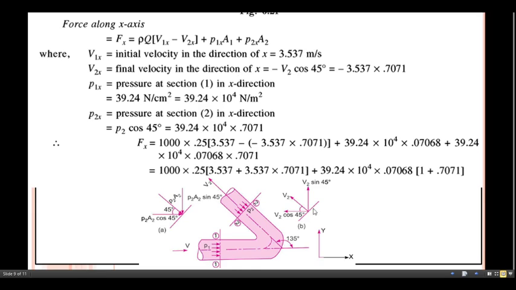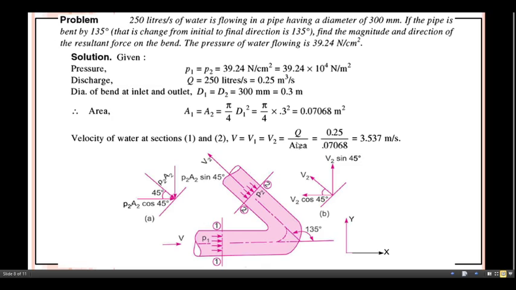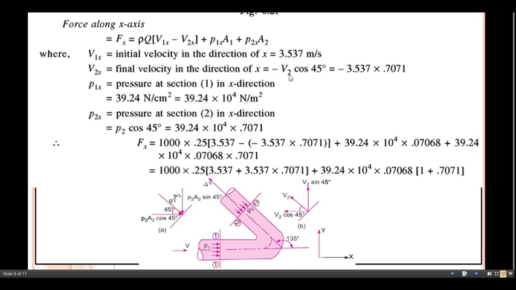If you focus here, the velocity component corresponding to this section number 2 is nothing but V2 cos 45 degree, and this component is towards the negative side of the x-axis. That's why the minus sign is given here, minus V2 cos 45 degree. What about V2 and V1? The value for V1 and V2 is the same. So substitute the value for V2, do the calculation for V2x. In this way we can get that relation.